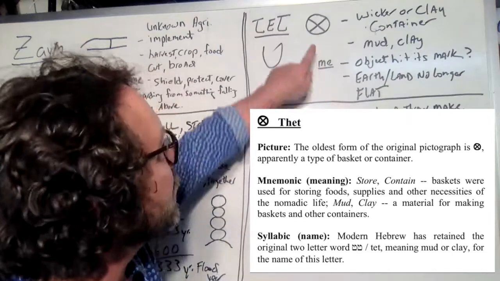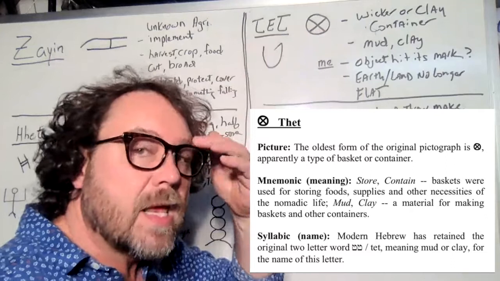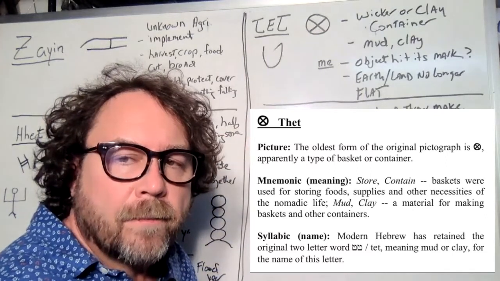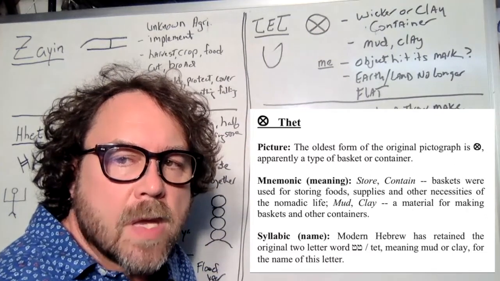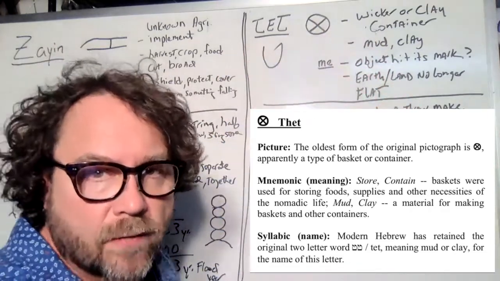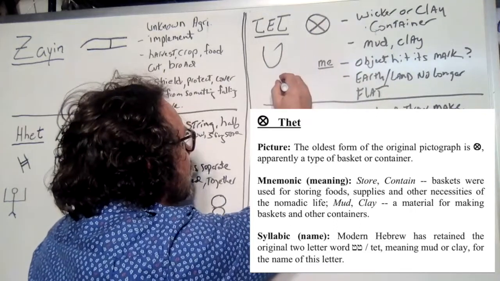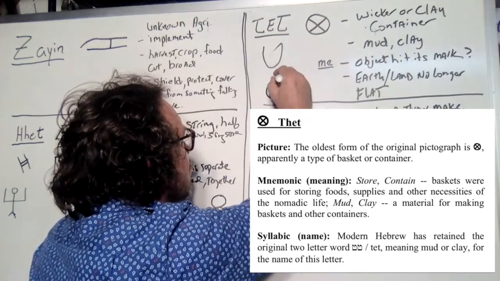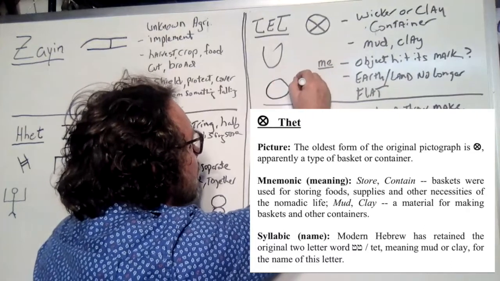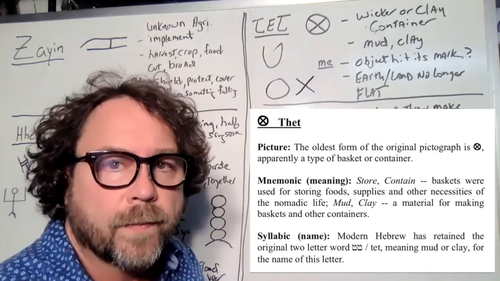But what I see here is two things overlaid. Okay, this is what I see. I see this as this plus this, an X and an O.